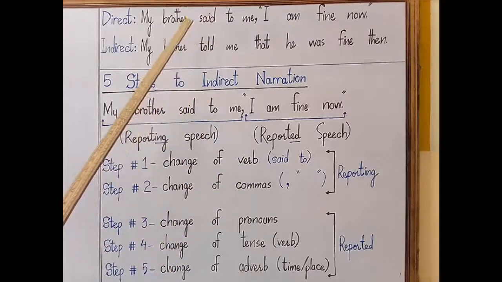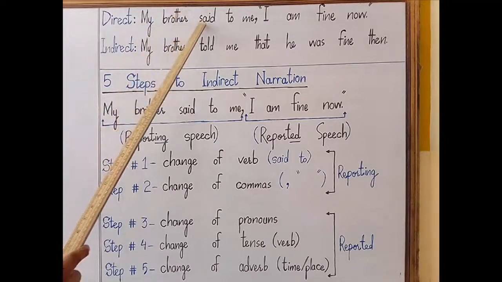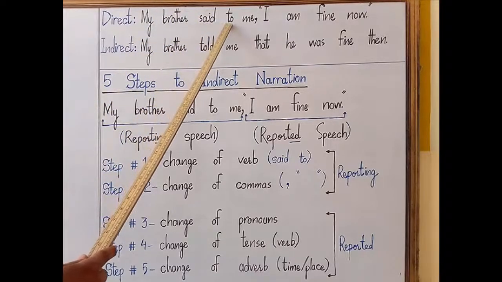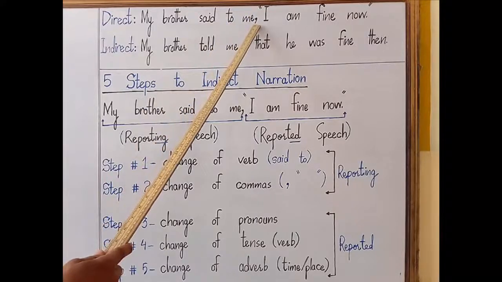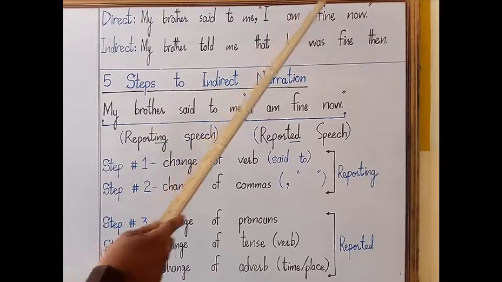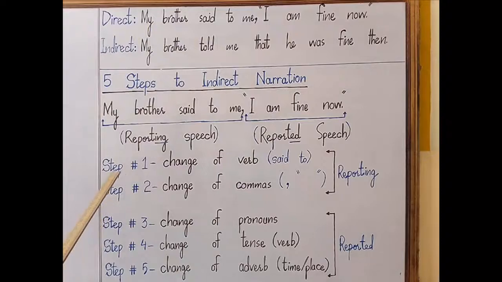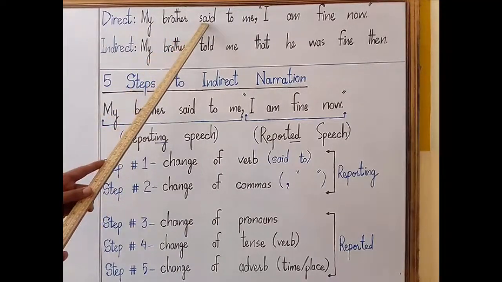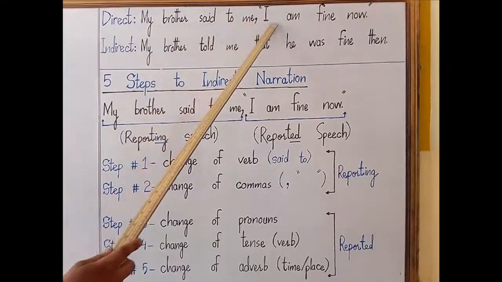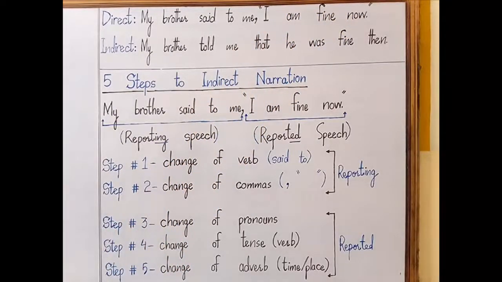You see, in this direct sentence, the first change you have to make is verb, the second change commas, third change pronouns, fourth change tense, and fifth and the last change adverb. So if you start from step number 1, you will first change verb and then commas, then pronoun, then tense and then adverb. By going through all these 5 steps one by one, you can convert a direct sentence into an indirect sentence.